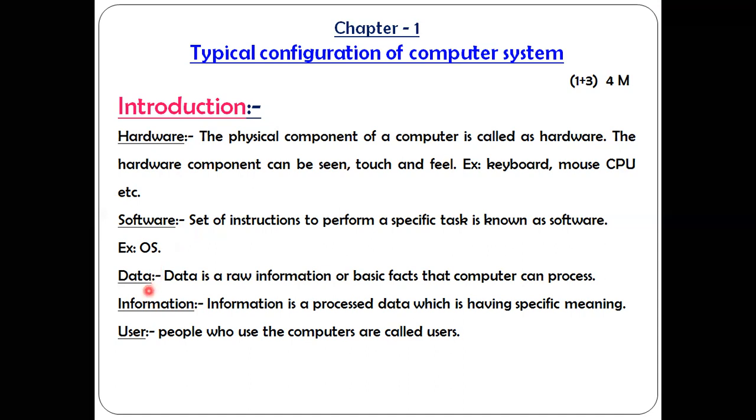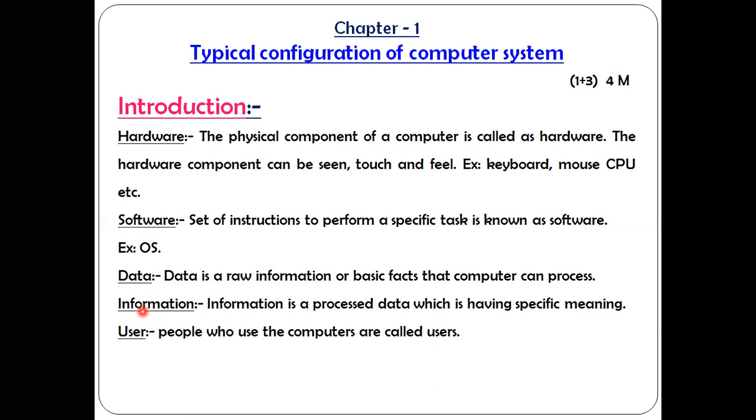The third term, that is data. Data is a collection of facts and figures or statistic which does not have any specific meaning, is called as data. The fourth term, that is information.